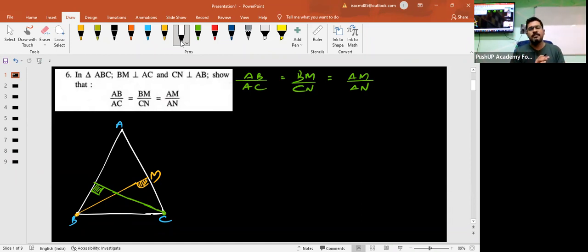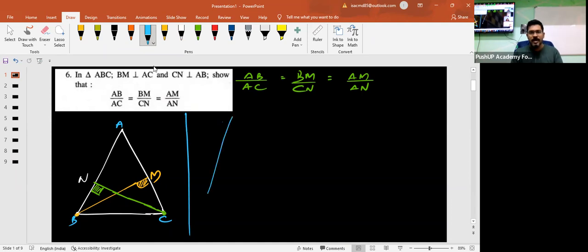Now, here AB upon AC, then BM upon CN, then AM upon AN. Can you predict which triangles to take? Even I feel so. Can we go with ABM and ACN? Everyone has the same opinion, right? So I will draw both the triangles separately.